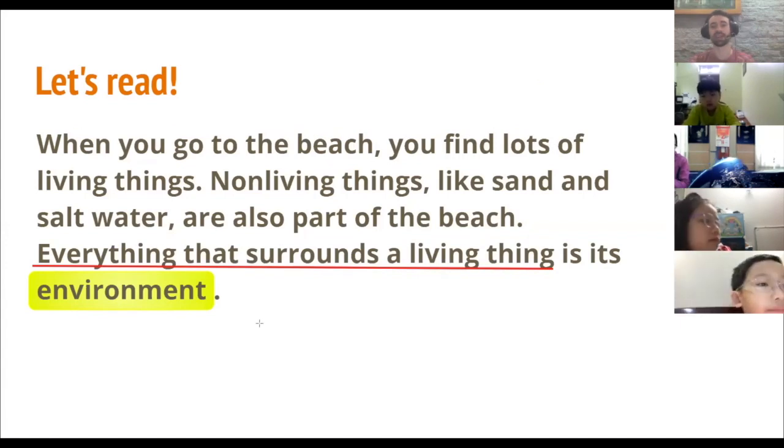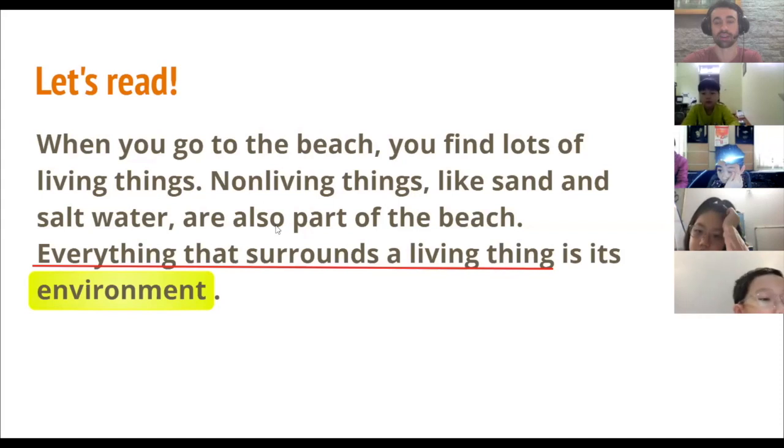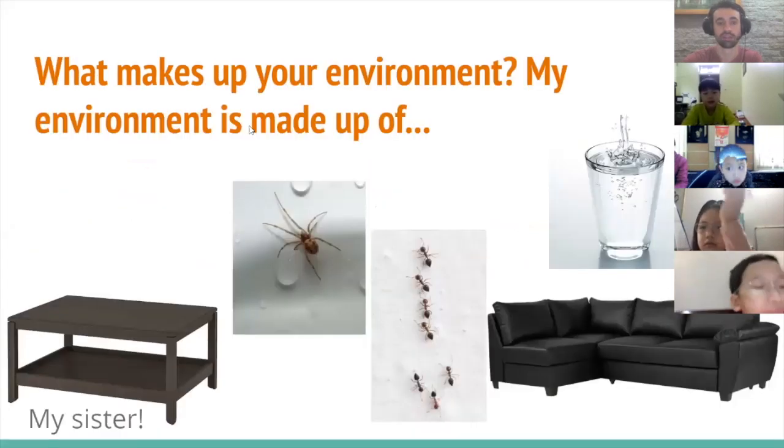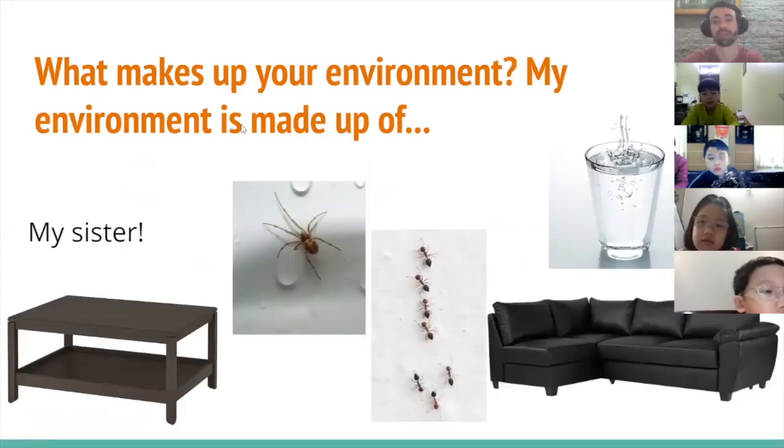Environment is seen as the entirety of the natural world. So the environment can mean other things, but in this context, guys, we are going to learn that environment is just everything that surrounds a living thing. Like your desk, your chair, okay? These are all the things that make up my environment, okay?